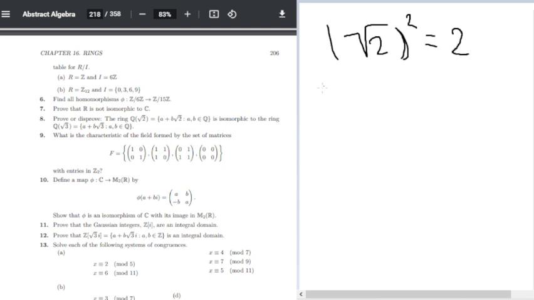So there's some number, square root of 2, such that (√2 + 1)(√2 - 1) is equal to 2. And then if you try to apply an isomorphism to that, what you'll fundamentally get is that it just will not work in that case.